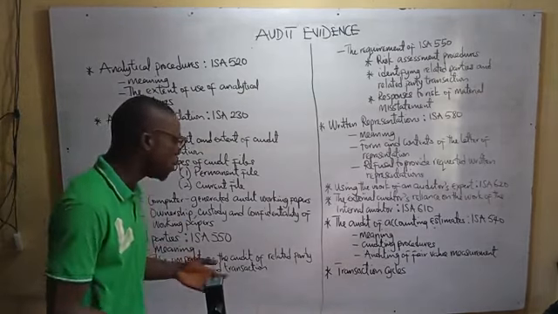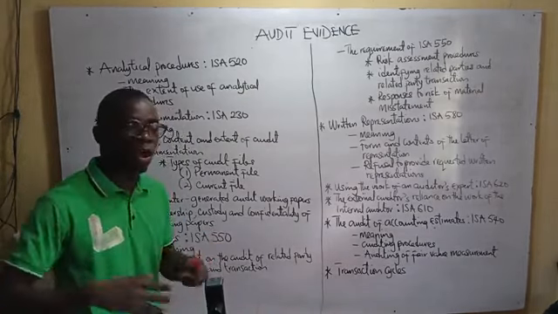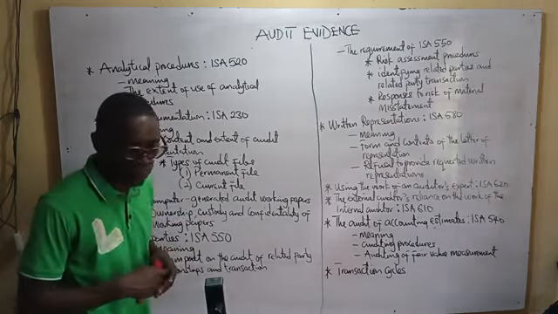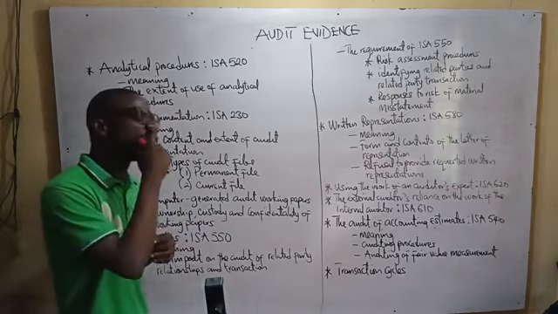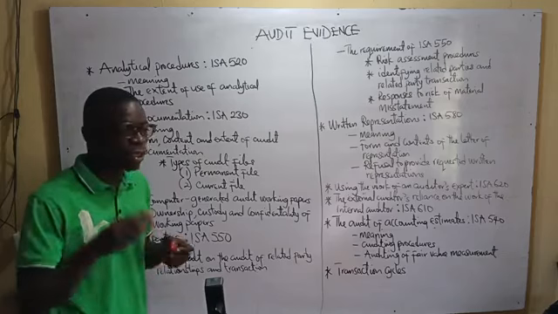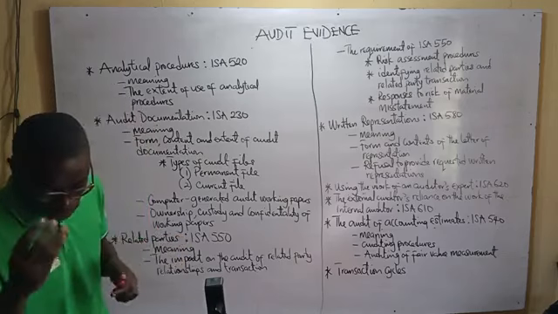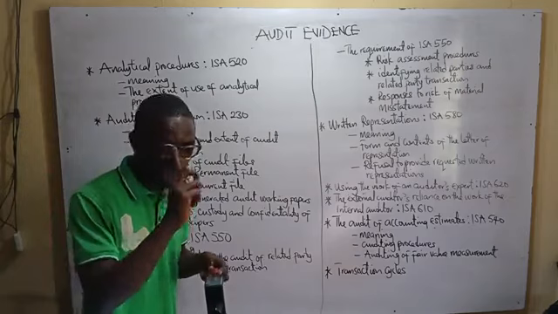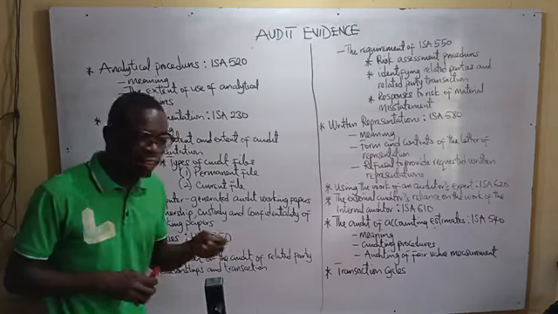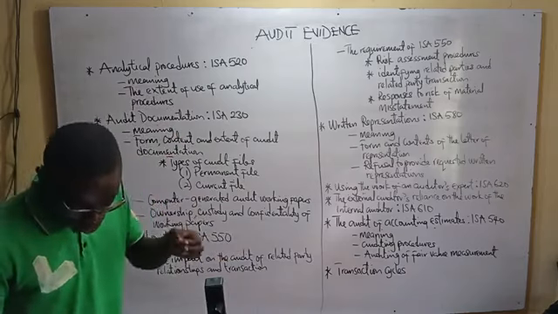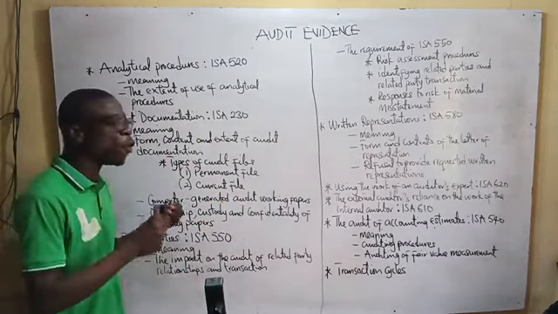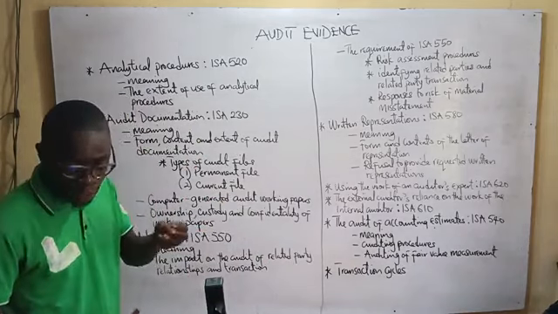Now, let's go to the custody. After the audit has been performed, the auditor may decide to keep the audit working paper. But the International Standard on Quality Management 1 requires that the minimum period of keeping the audit working paper for a client should be what? 5 years.